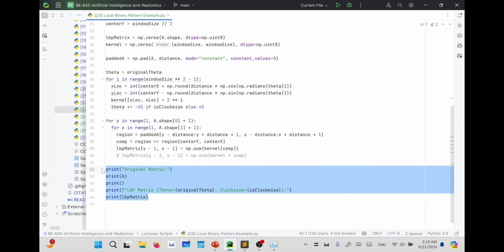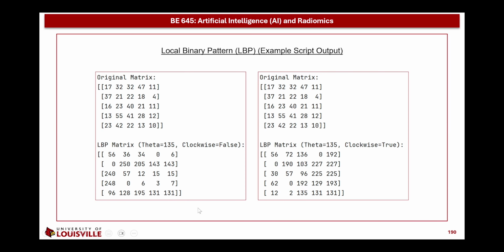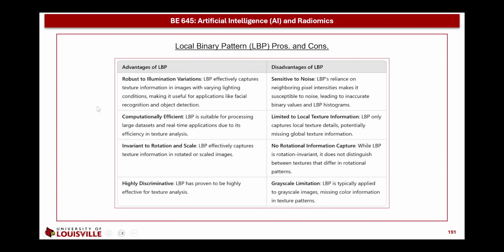Finally, we printed the original matrix and LBP matrix, and this is the corresponding result. By setting theta to 135 and changing only clockwise and counterclockwise, we obtain two different LBP matrices, as shown here and here.